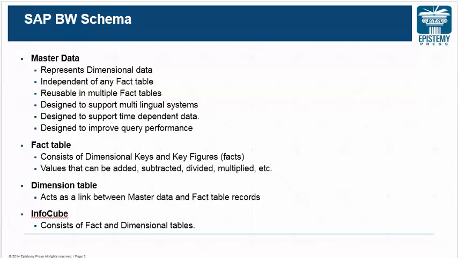The fact table is a transactional table, or transactional data, that is generated because of the daily transactions. So when you sell, you have revenue, you have sales. That transaction data is stored inside of the fact table. A dimension table, as we said, is like master data, but technically it is actually the link between the master data and the fact table.